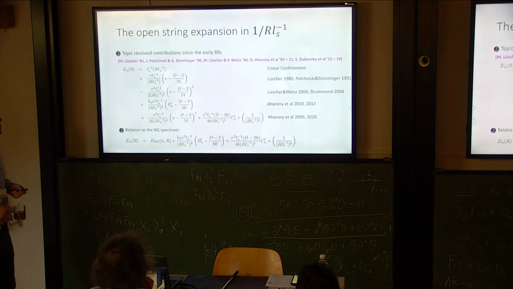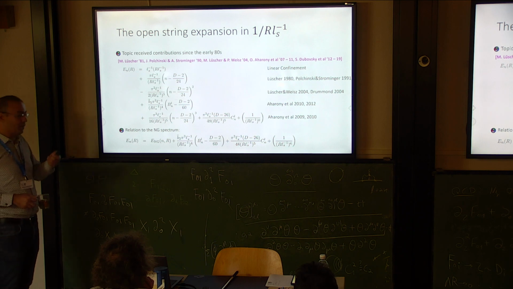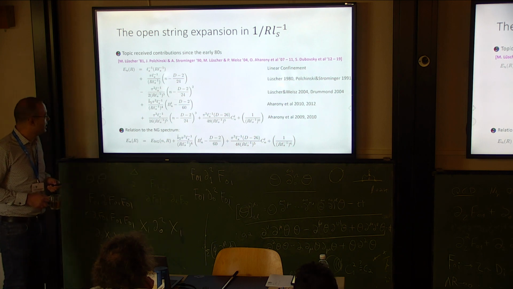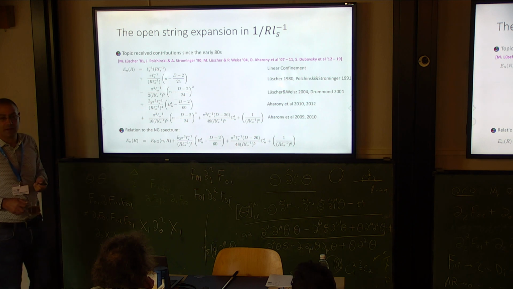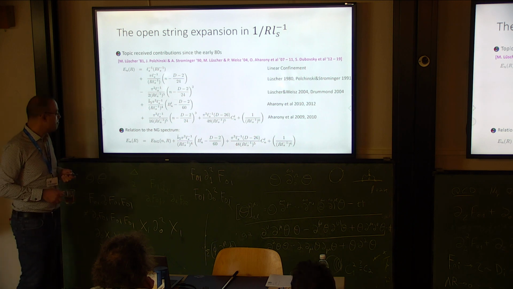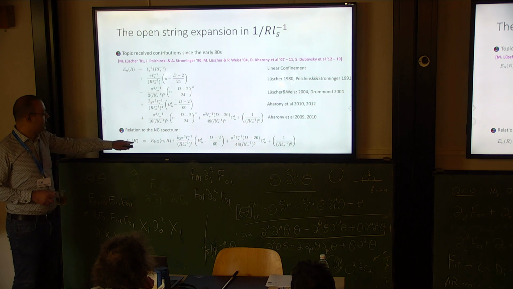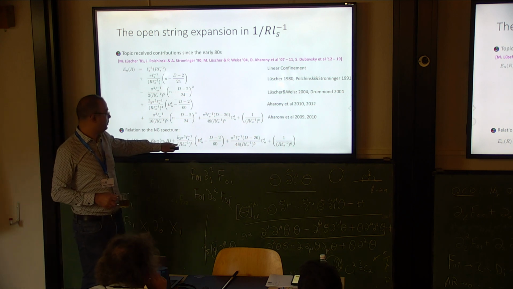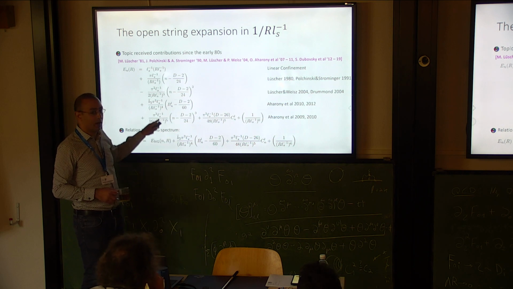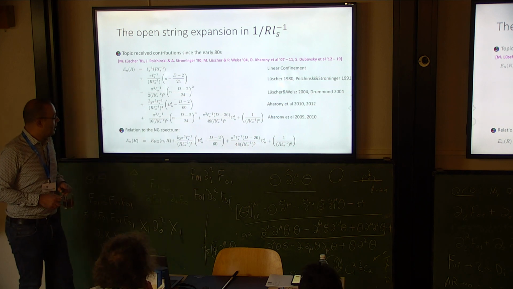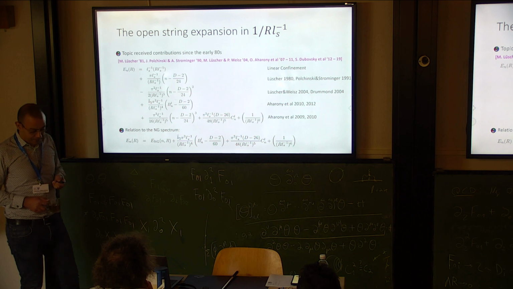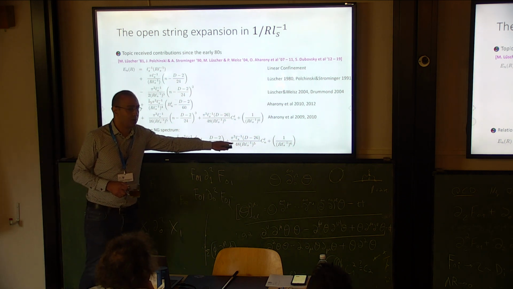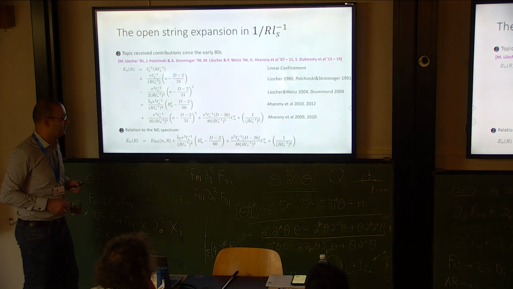Okay, and if we make the 1/r expansion, we actually realize that the relation of the effective string theory to Nambu-Goto is that the energy is given by Nambu-Goto plus a leading term that appears at order 1/r to the power of 4, which is due to the boundaries, and also another term which is proportional to 1/r to the power of 5.